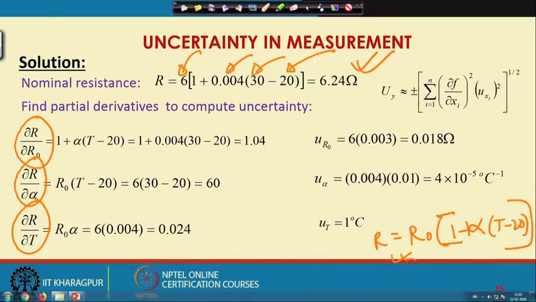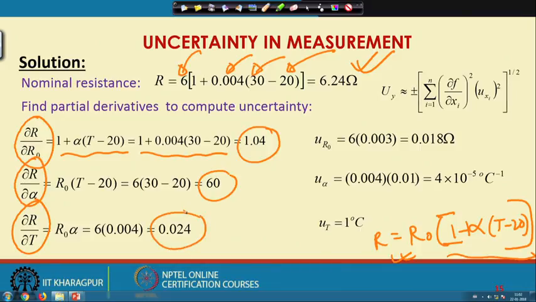So, del R del R0 will be this part, which is 1 plus alpha T minus 20. Put the nominal values of alpha and T equal to 30, you get del R del R0 as 1.04. Similarly, you find out del R del alpha, and del R del T as 0.024.